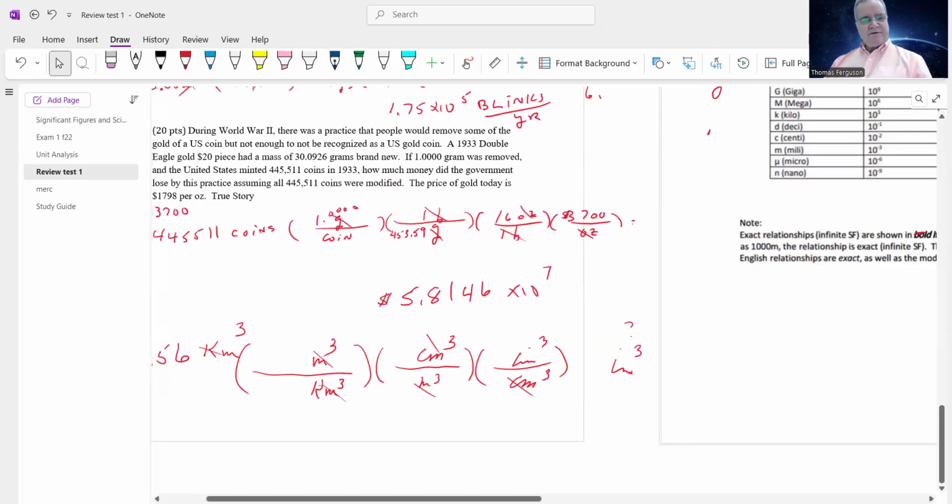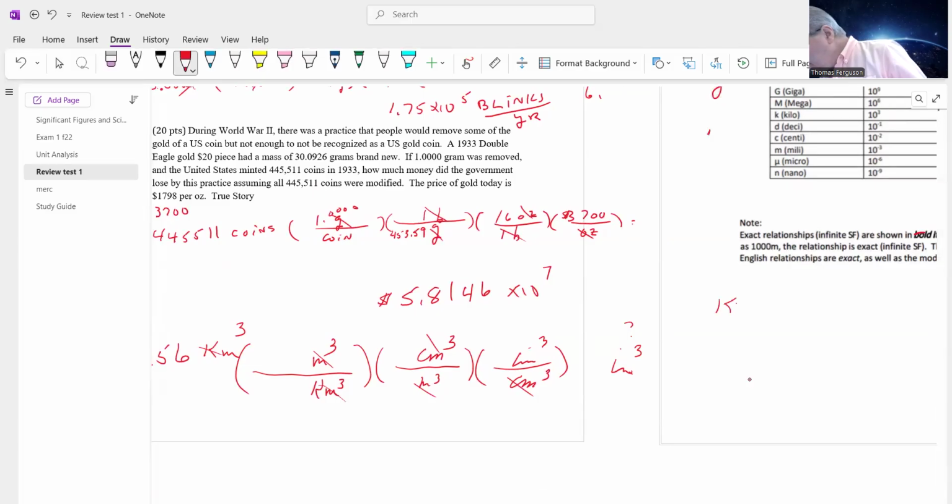So kilometers to meters, that means that's 1,000 cubed. Centimeters.